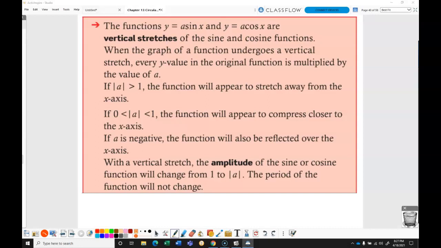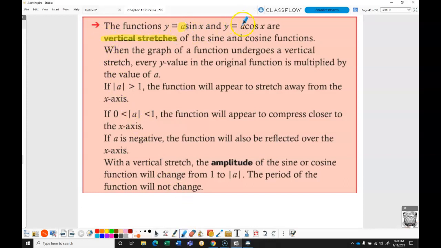But then we can also deal with our stretches and our shrinks, basically. Okay, and that happens when we do multiplication. So basically, the easiest one to look at is the vertical stretch. A vertical stretch happens and changes the amplitude.